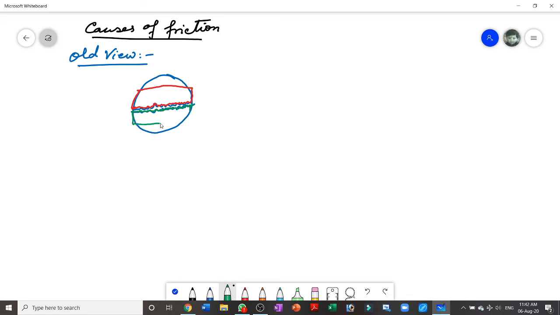When the two surfaces move over one another and are seen through a microscope, we can see this type of roughness between them, which causes friction.